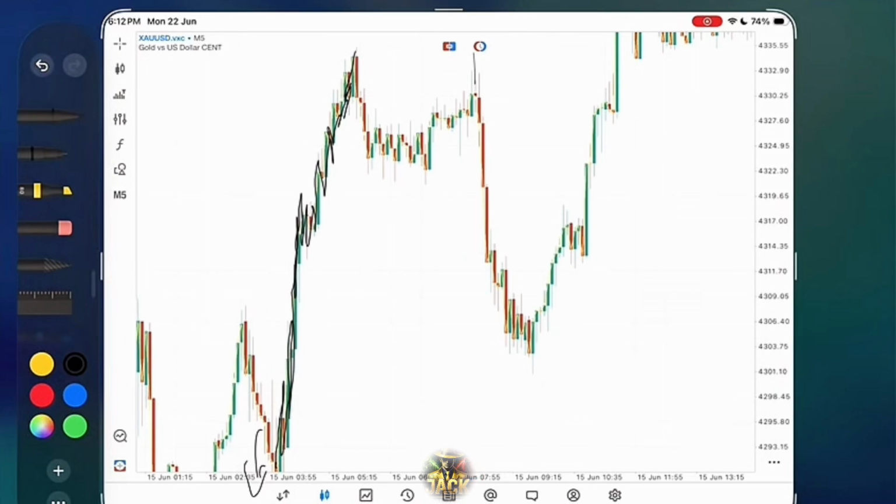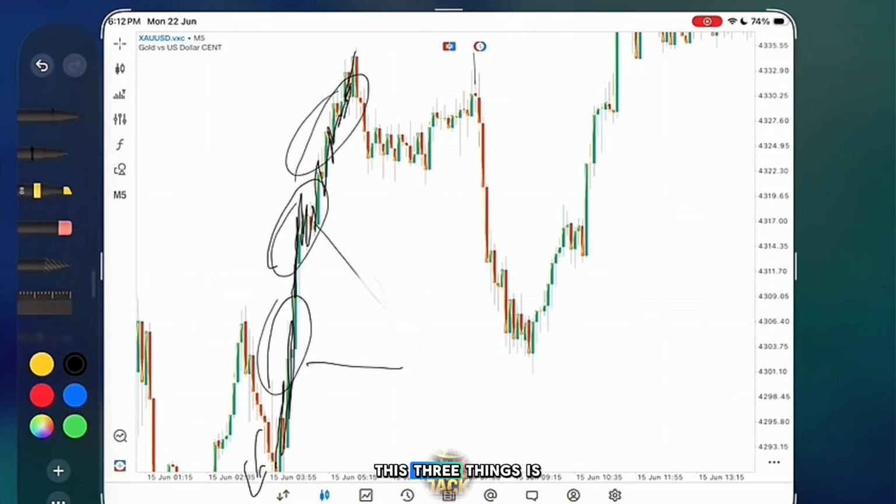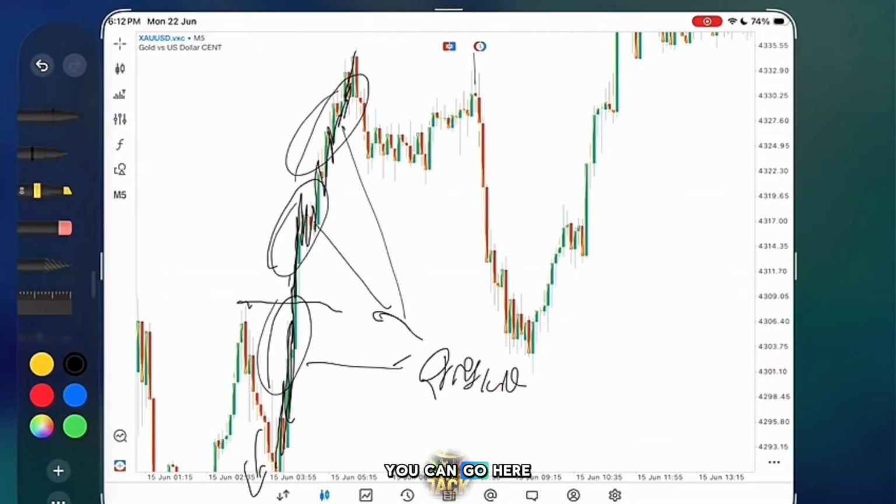What is this? These three things are identified as pressure. So once you see this bullish move here, once this high has been broken, you can go here and look for entries. This is a pullback entry, so you can enter here.